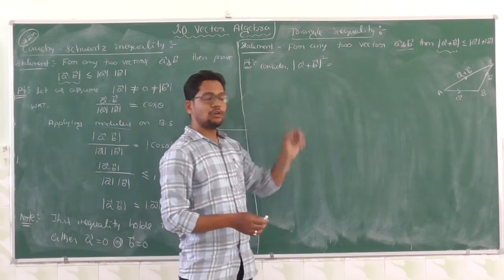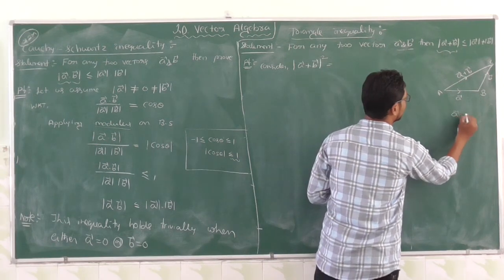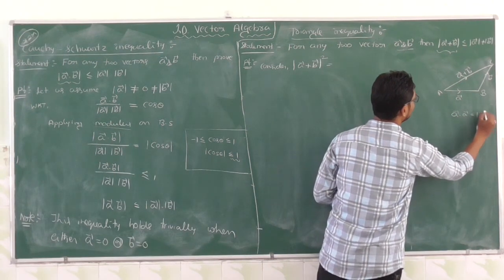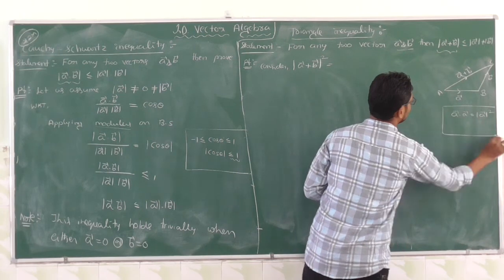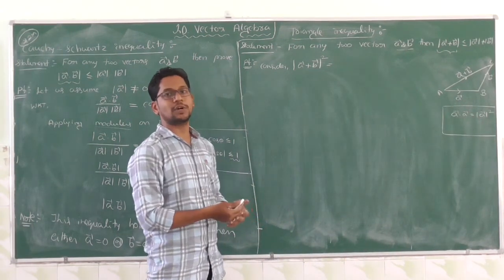Now, in the note point itself, I already told you that A dot A is magnitude of A squared. Now, magnitude of A plus B squared is what?